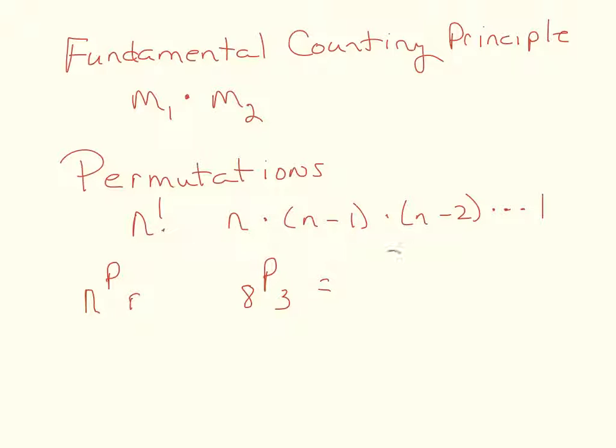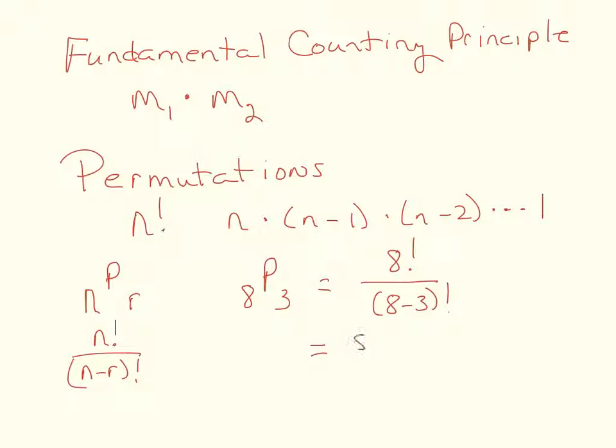If you want to work it longhand, that's 8 factorial over 8 minus 3 factorial. In fact, the formula here was n factorial over n minus r factorial for permutations. Just review so far.